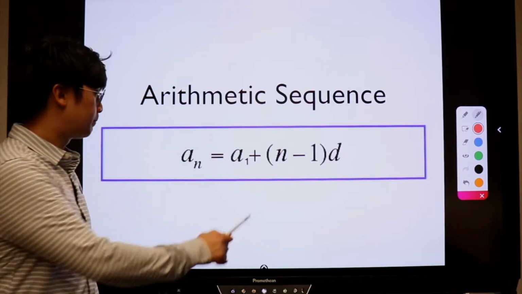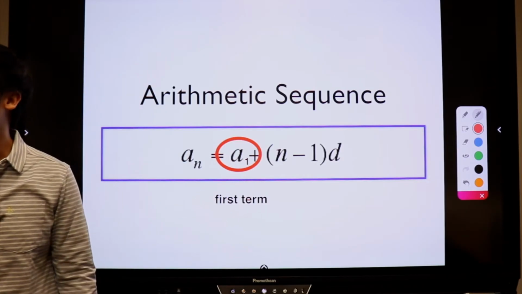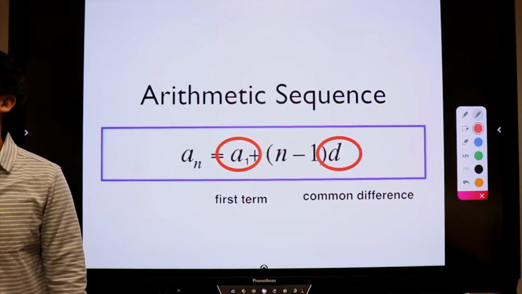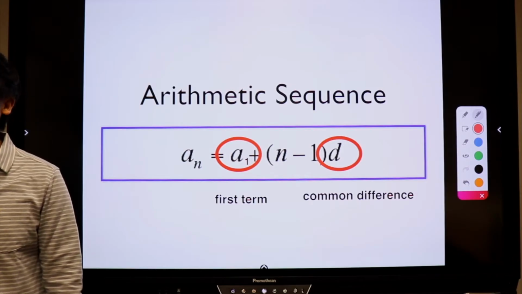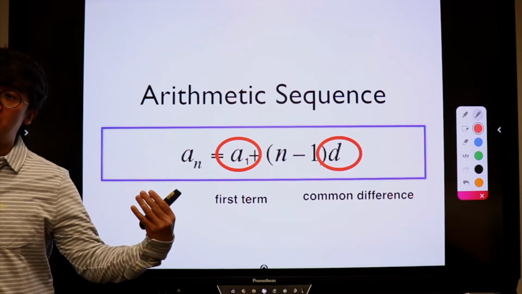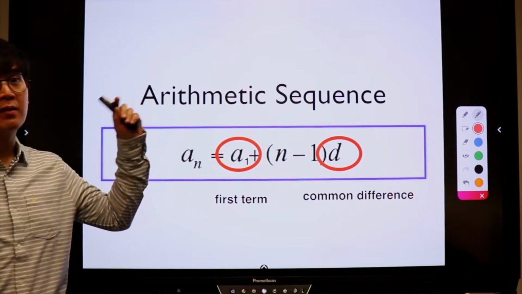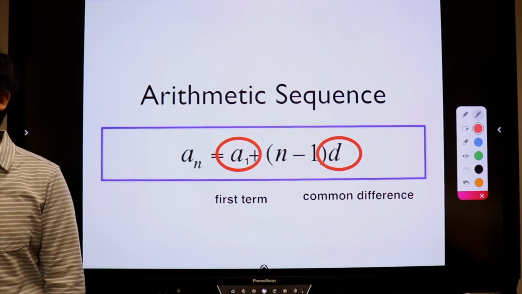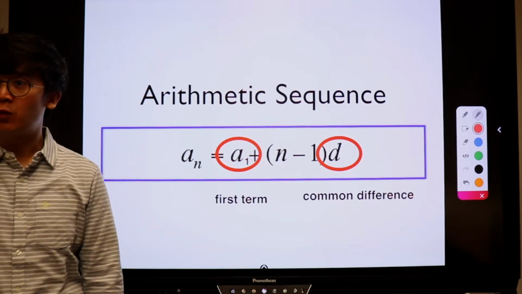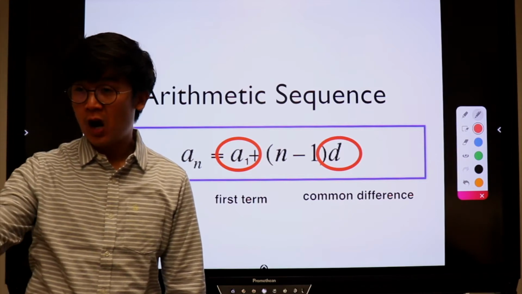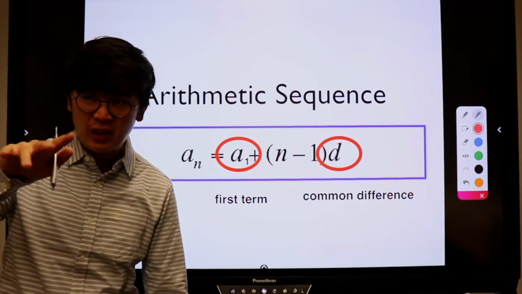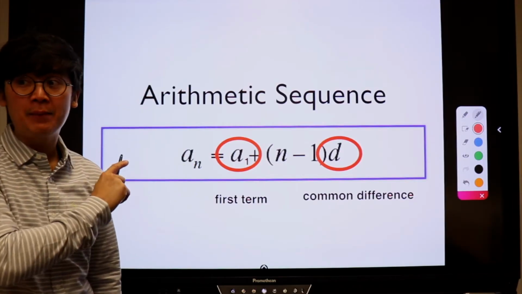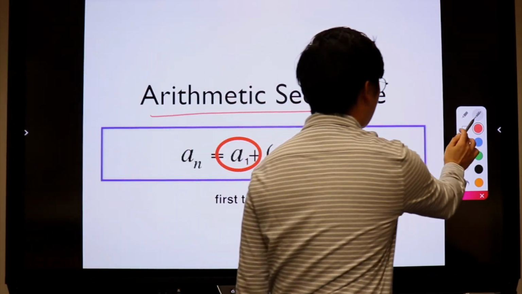In this formula, this is the first term of the sequence, and this is the common difference, which is the special pattern that you need to look for in a sequence of numbers that fall under an arithmetic sequence. So we're going to be using this formula right now because we're done with the general concept of sequences and series. Now that you have an idea on how to work out problems on sequences and series, we're just going to be more specific this time, and that is for this type of sequence.